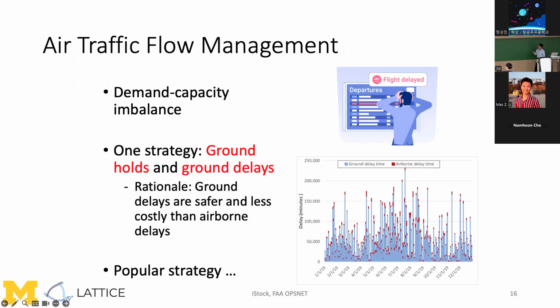So here I'm plotting each bar is a single day in 2019, and the height of the bar is the amount of delay minutes. Blue means delay taken on the ground, and red means delay taken in the air. Okay, so clearly we do a pretty good job of managing to shove delays into the ground side. This also happens, although to a lower extent in the Asia region, because it's basically hard to coordinate across countries, right?